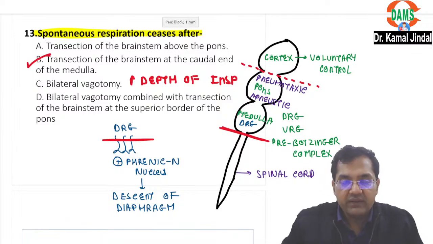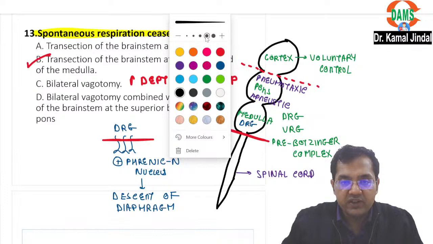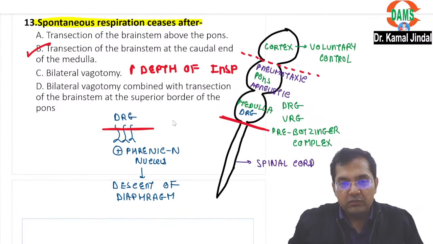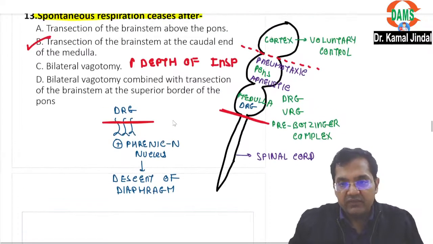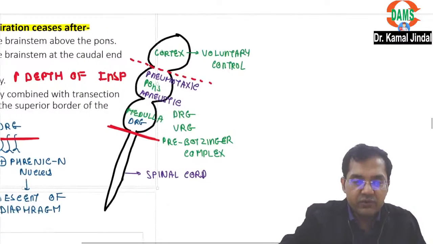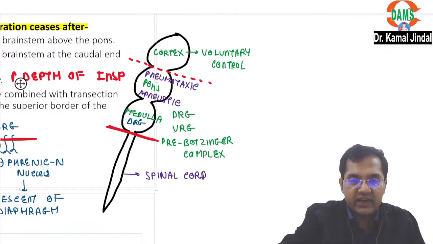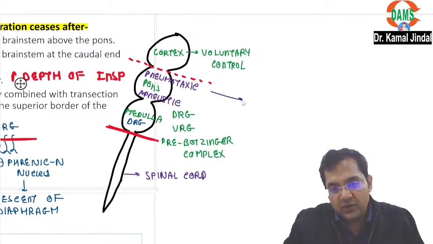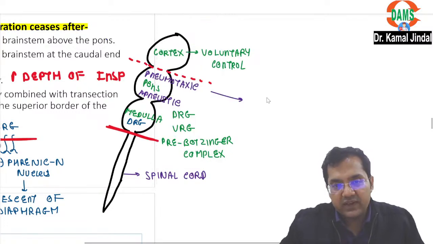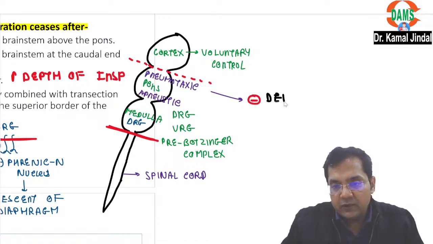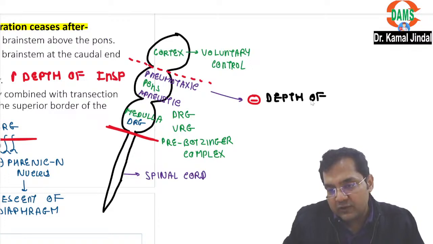If you can recap for me, I'm just drawing one more figure for us. Just see this. So bilateral vagotomy, let's try to recap. An interesting thing, just focus on pneumotaxic and apneustic. The pneumotaxic center normally inhibits your depth of inspiration.